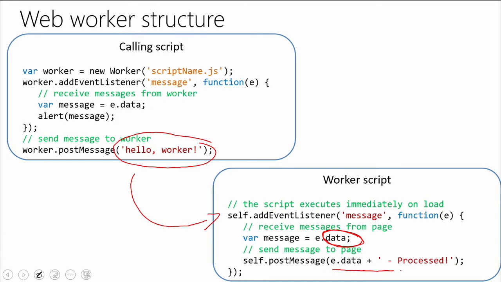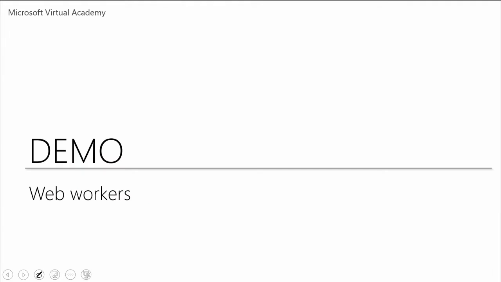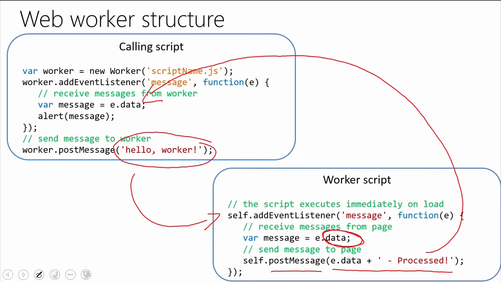And then you're going to notice down below, when I send something back, whatever it is that I sent back is going to wind up inside of that data property over there. So a nice little mirror image there for our worker. One last little thing before I set up the worker: I do want to mention real quick that inside of a worker script, self is going to be the worker.